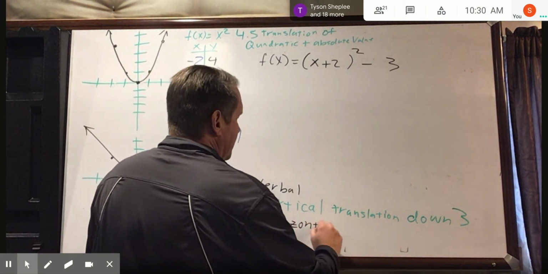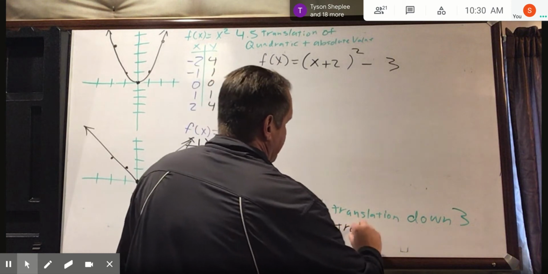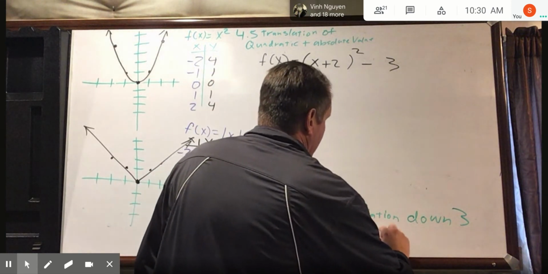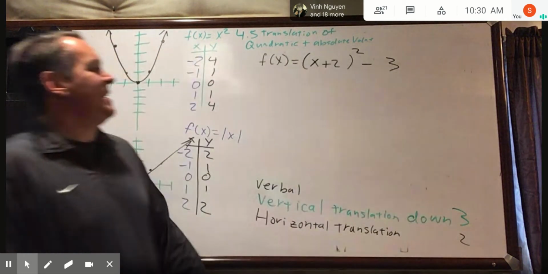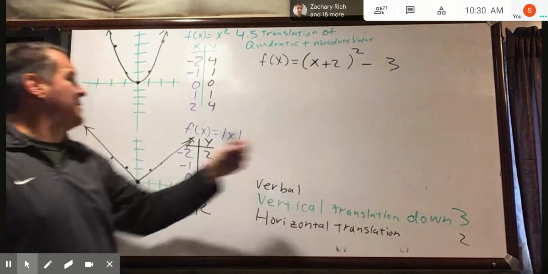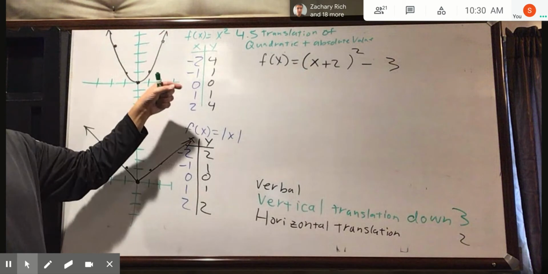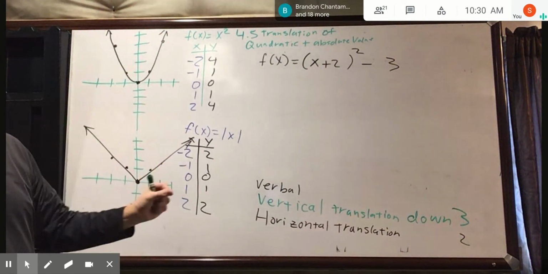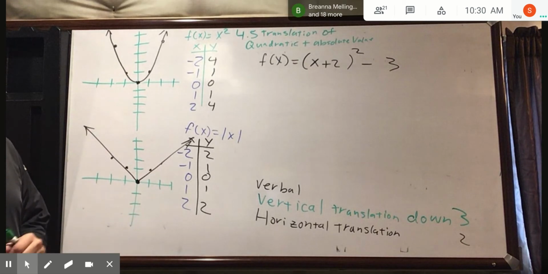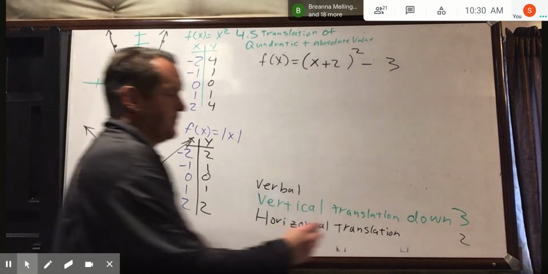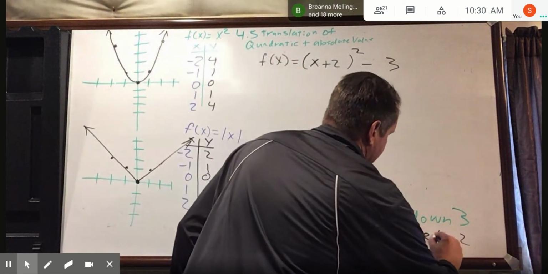Horizontal. Translation. And we're going to move it 2 units, but it's either left or right. Hey, +2. Hey, we should probably go right 2, huh? The one on the inside is opposite. So what do you think we should do? Go left 2.